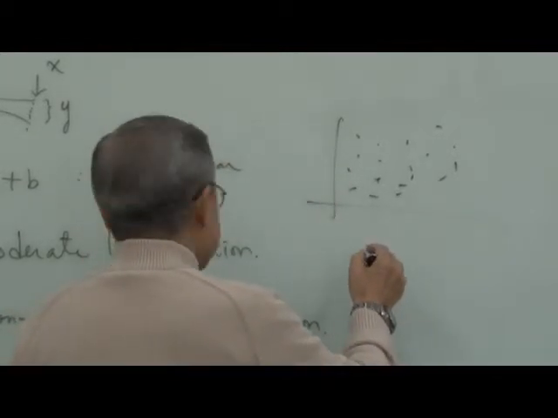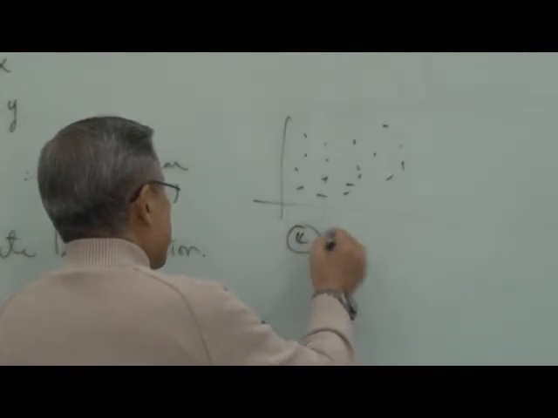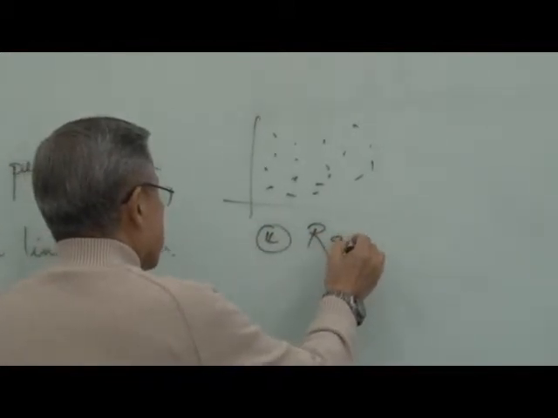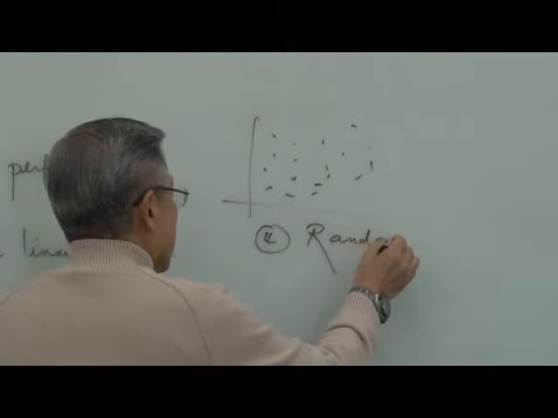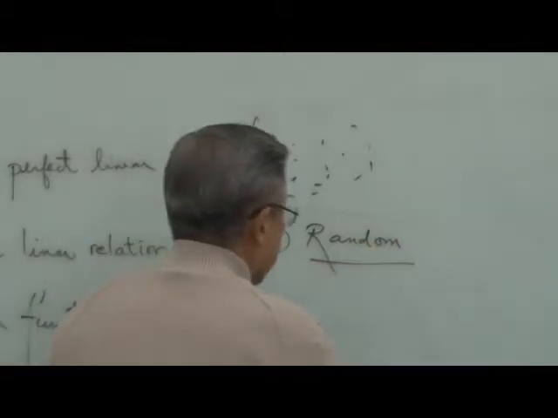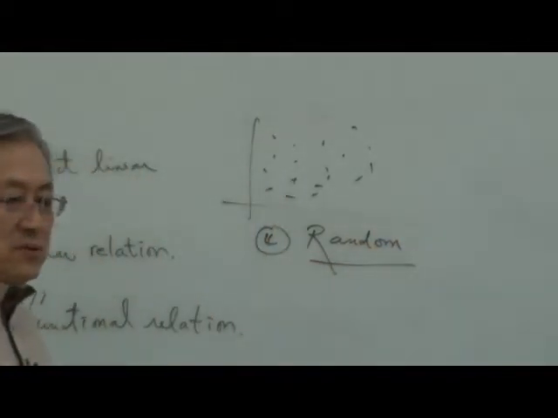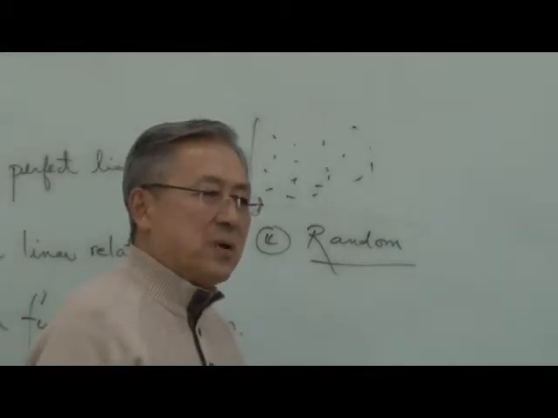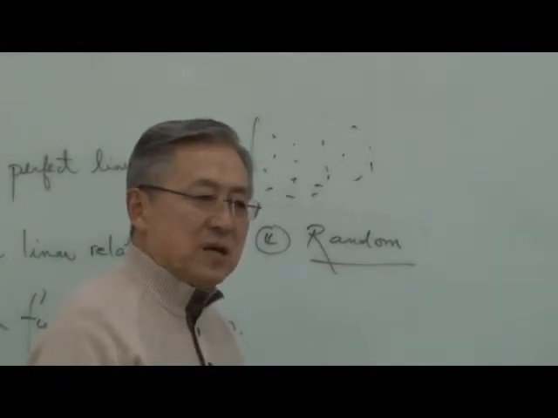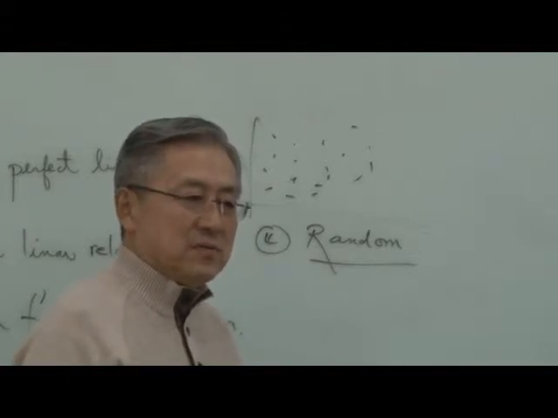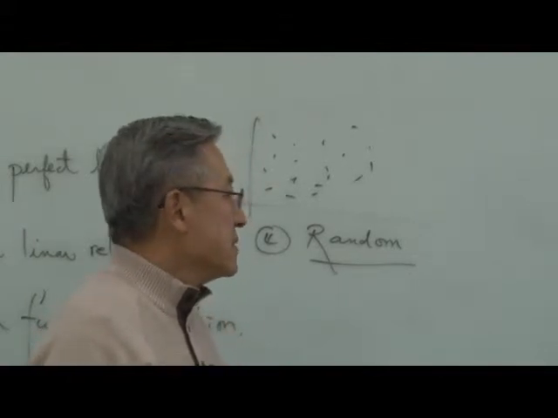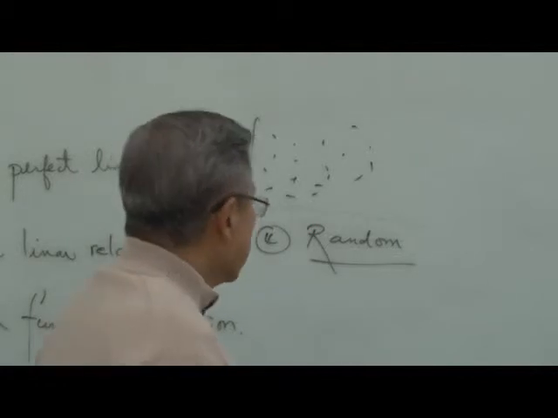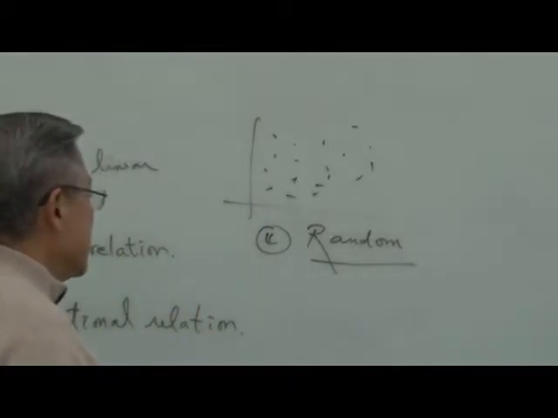So the last relation is a purely random situation. Random relations. You can draw as an approximation some nonlinear curve to fit the spread of the measurement.